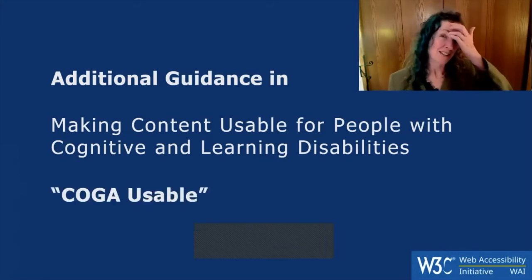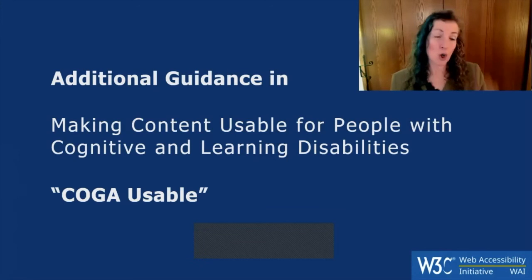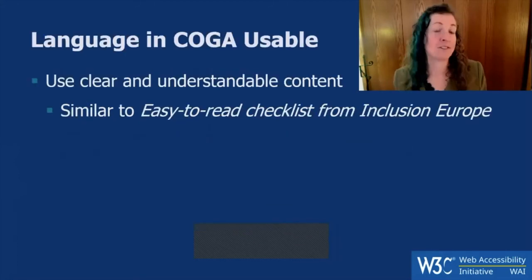The short name for that is COGA usable, C-O-G-A usable. COGA usable is the short name for that document. That also covers more about language under an objective of use clear and understandable content. And that's very similar to the easy to read checklist from Inclusion Europe that probably most of you are very, very familiar with.